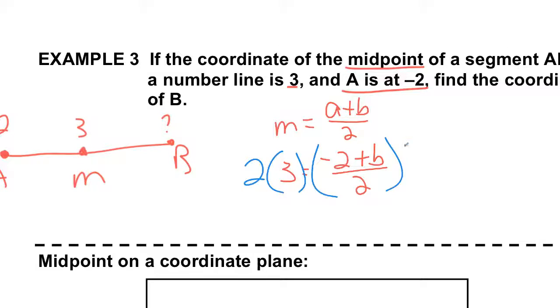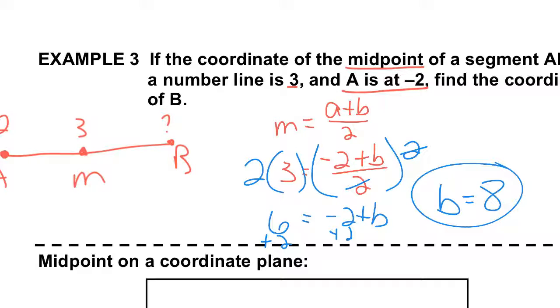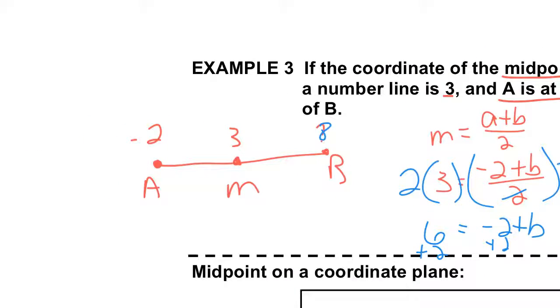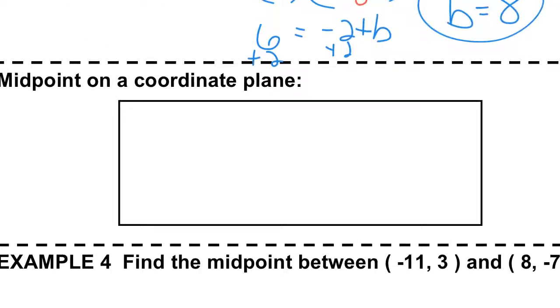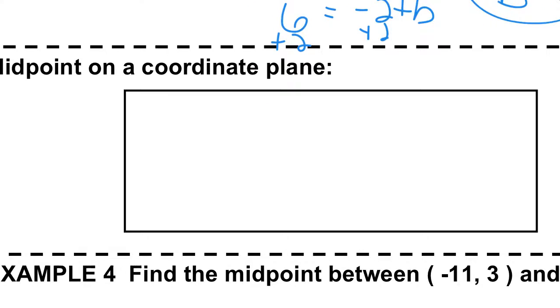I'm going to multiply both sides by the denominator. That means I have 6 equals -2 plus b. I can add 2 to both sides, and I get that b equals 8. Which makes sense when you think about it. 8 plus -2 is 6, divided by 2 is 3. We could count there. It looks like there's 5 in between both. So that's really easy. It's on a number line. Please don't make stupid mistakes.